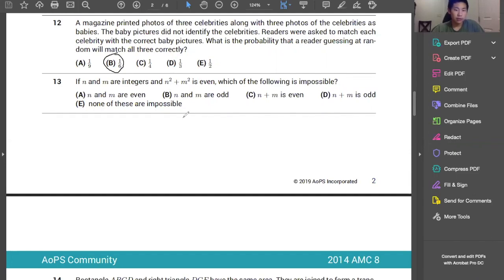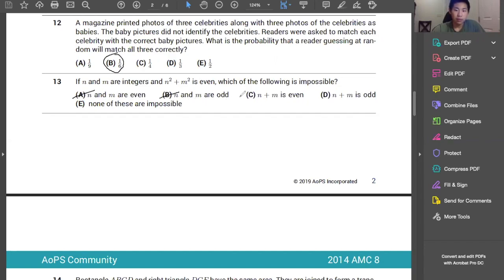And the square of an even number is even, while the square of an odd number is odd. So that pretty much means that n and m have to both be even or both be odd. But both of those are possible, so it's not A and it's not B, since those are saying they are both even or both odd.